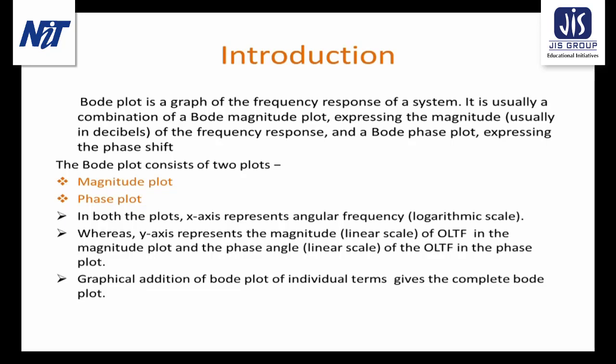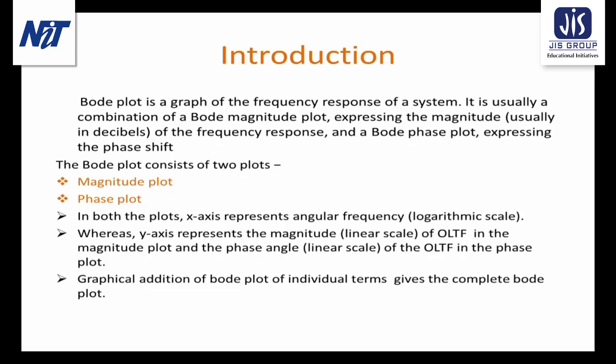The design and parameter adjustment of the closed loop system for specified closed loop performance can be easily carried out in the frequency domain rather than the time domain, whereas the effect of noise, disturbance and the parameter variations in the frequency domain can be easily visualized. And there is a correlation between the time domain and the frequency domain specifications. So, the time domain performance of a linear system can be easily predicted using the frequency domain specifications.